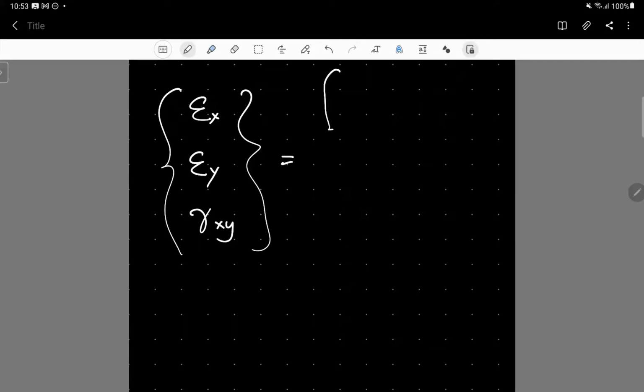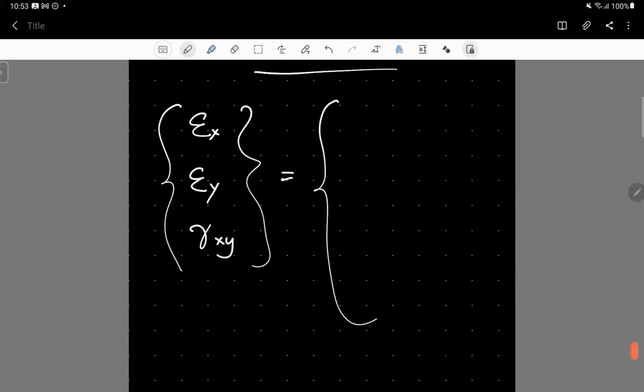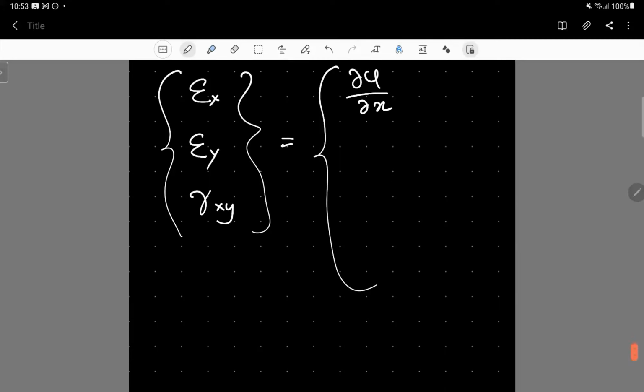So how can we evaluate it? The evaluation of these strains is by obtaining the derivatives of the displacement in the x direction and in the y direction, and of course the rotation is obtained by the following.